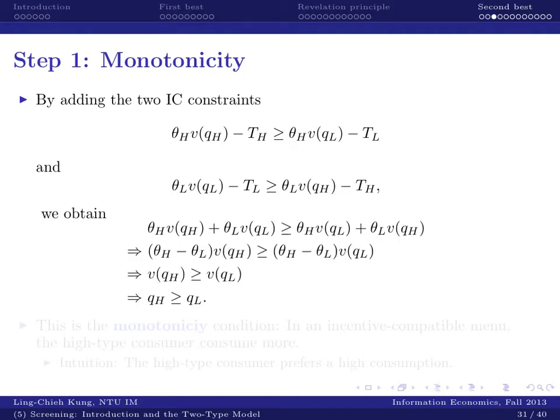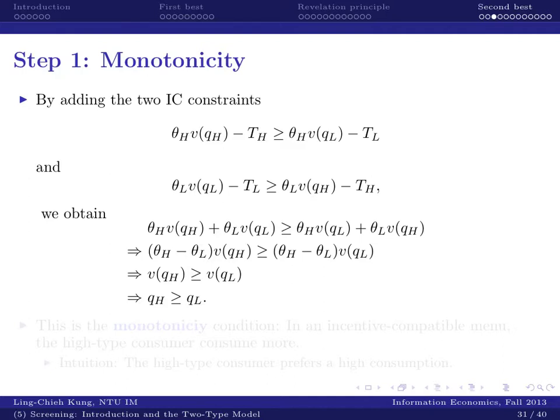These are these two parts, and this is the other two parts. TH and TL cancel each other. Then you may do some arrangements, and eventually you can see the conclusion is QH is greater than or equal to QL. So what does that mean?